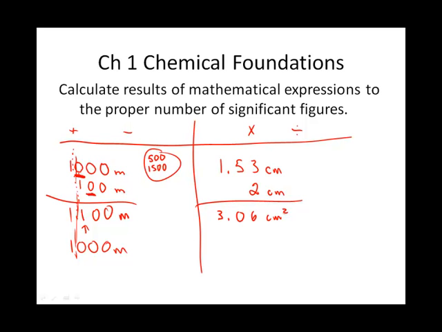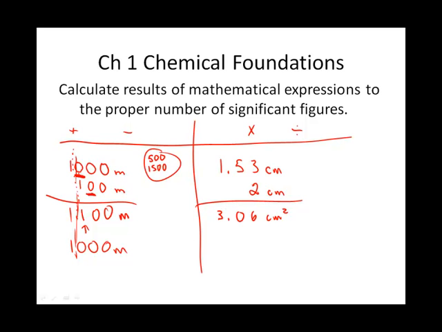But the rule is this: we are looking at instruments here that indicate different precisions. This second instrument doesn't look as precise. It actually only measures to the closest centimeter. So our answer should not be any more precise than the closest centimeter.